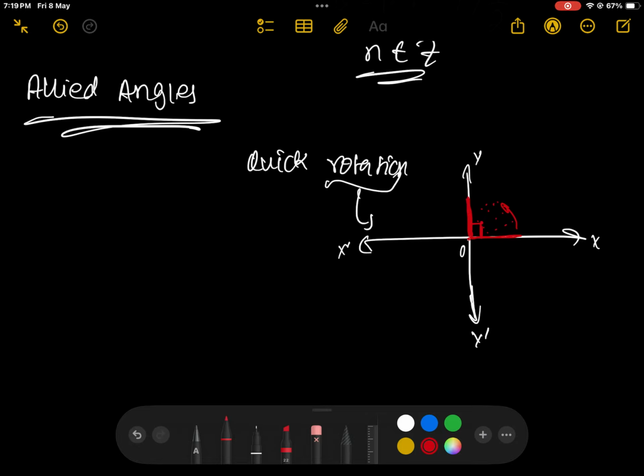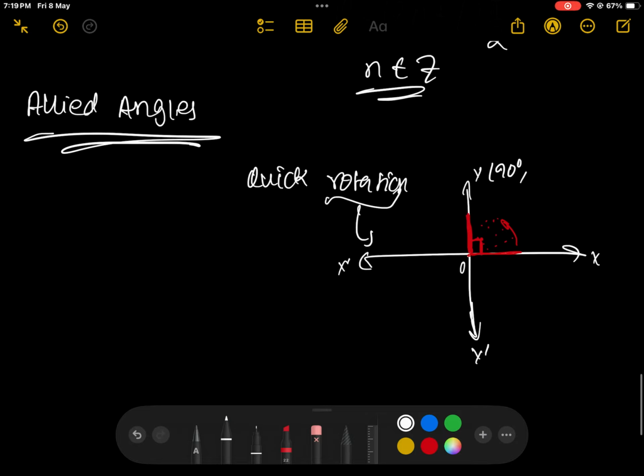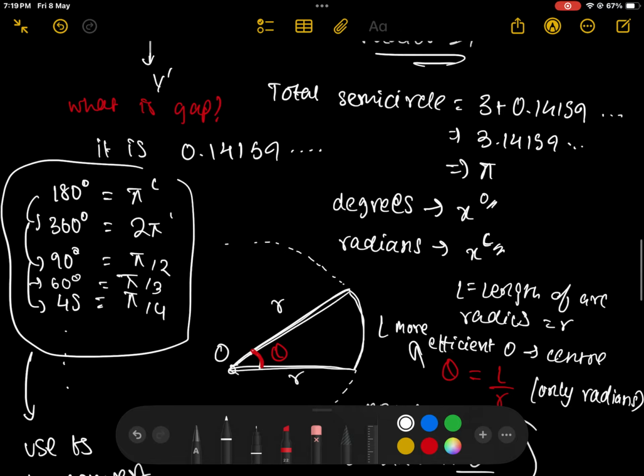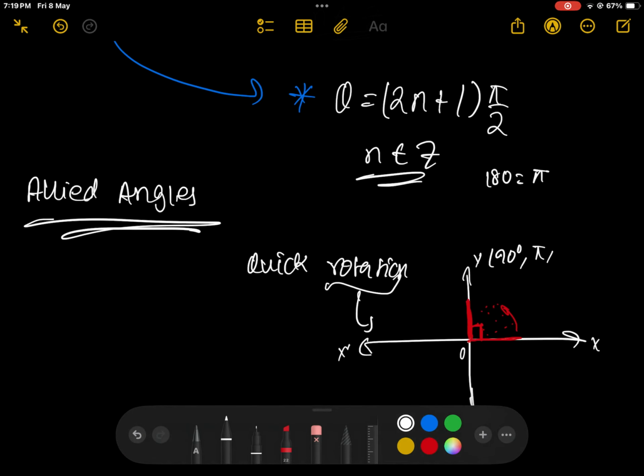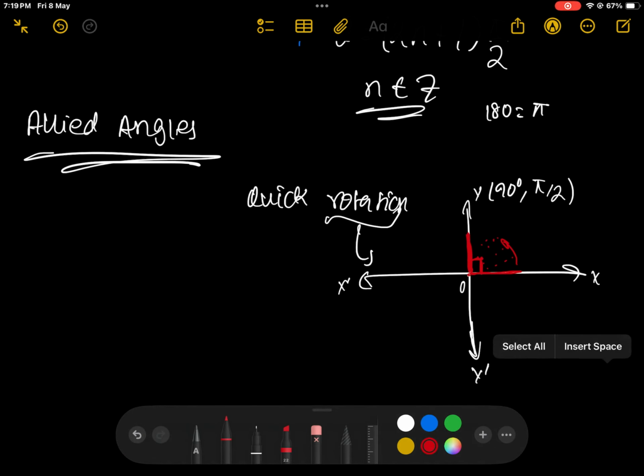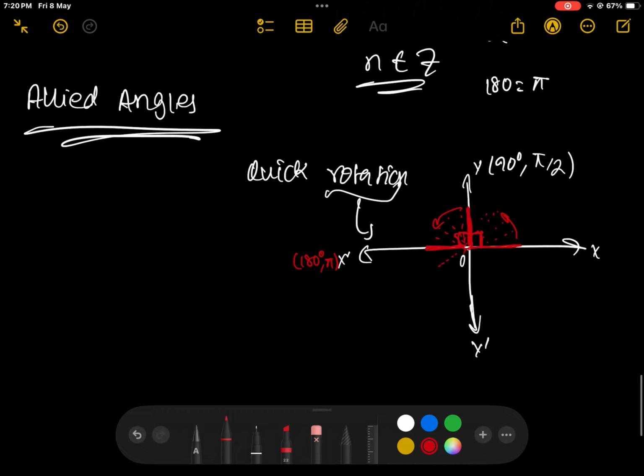When it's on the y-axis, your line has moved 90 degrees. You can convert that to radians, so the y-axis is pi by 2, or 90 degrees. Then you move it another 90 degrees, that's 180 degrees, so that's pi. Similarly, y dash is 3 pi by 2 because it's 270 degrees. And then x is just 0 because you start there, or it's 360, 2 pi.